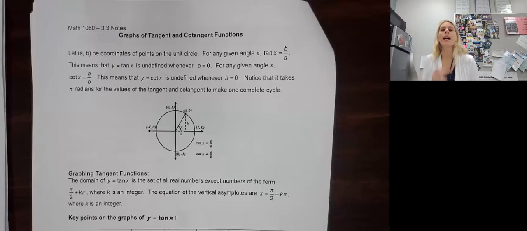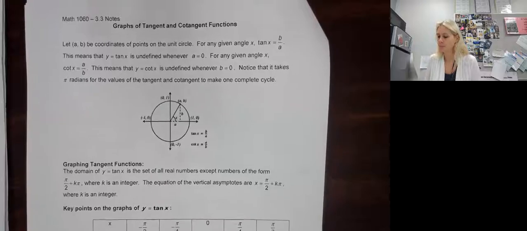Notice that it takes pi radians for the values of tangent and cotangent to make one complete cycle. So remember that for one complete cycle for sine and cosine, it was 2 pi, but for tangent and cotangent, it's going to be pi.